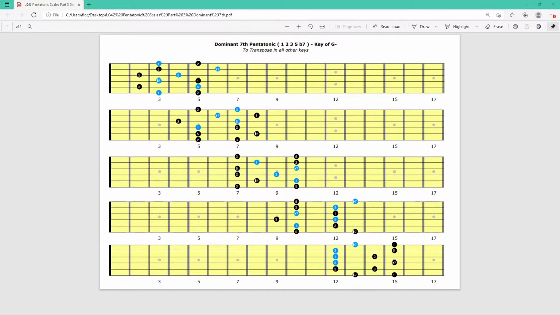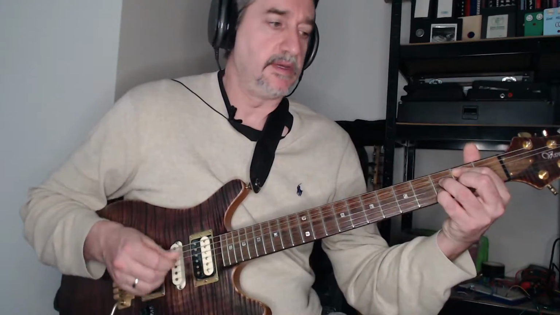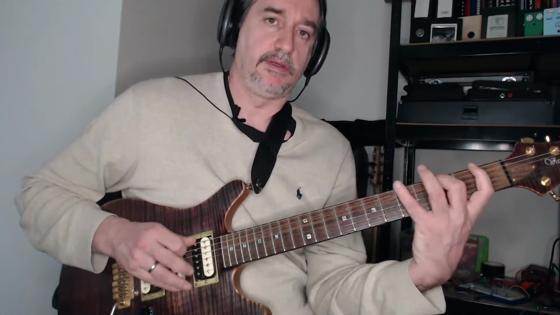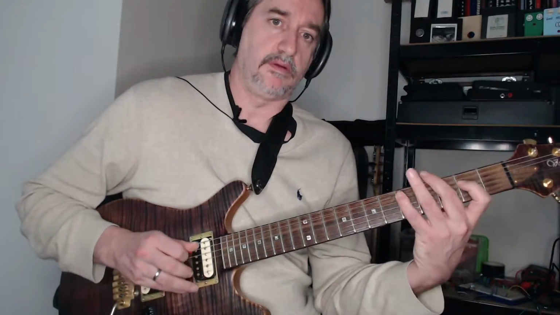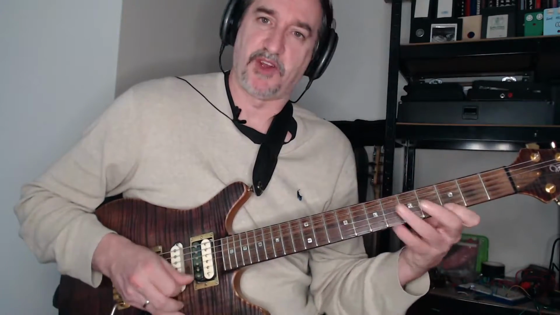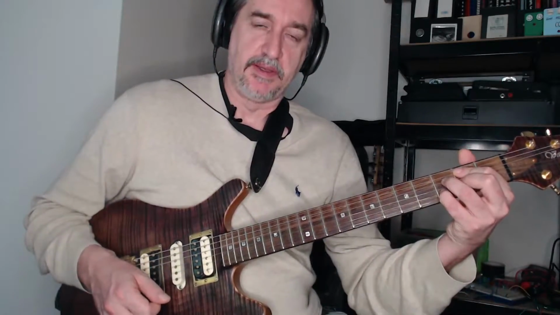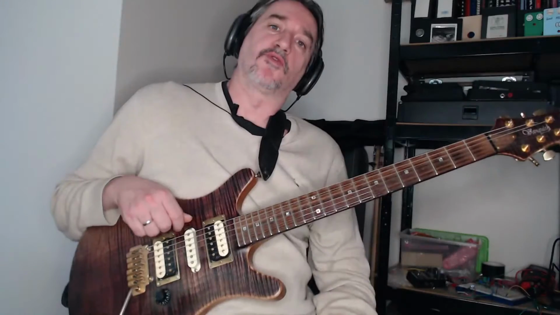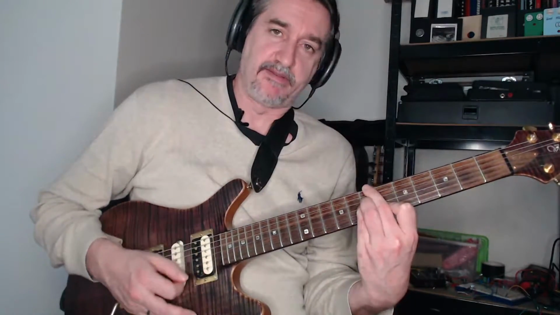So for this chord, I can still use G. So in other words, to cover the Locrian with a pentatonic, say if it was B minor 7 flat 5, okay?